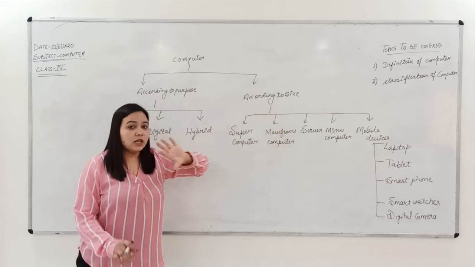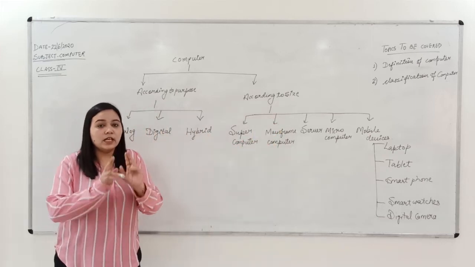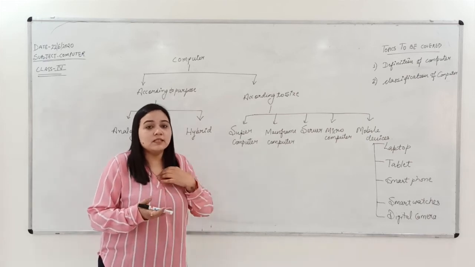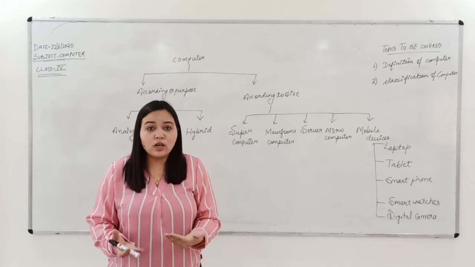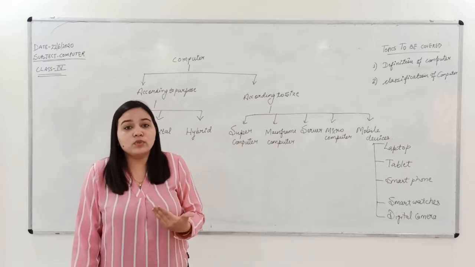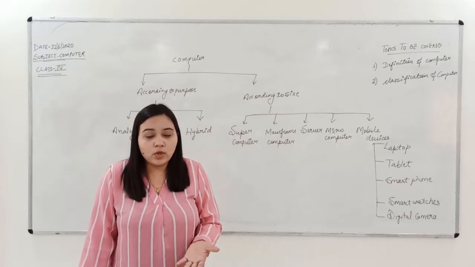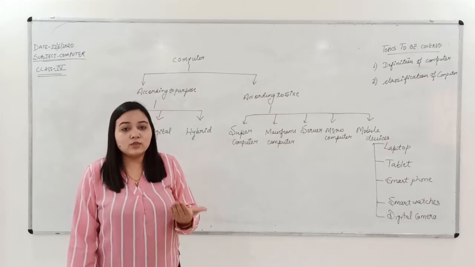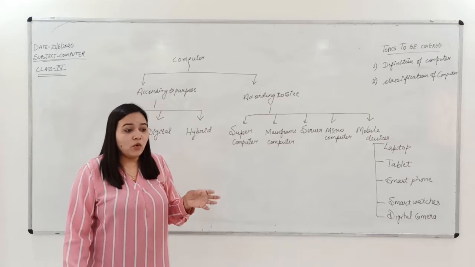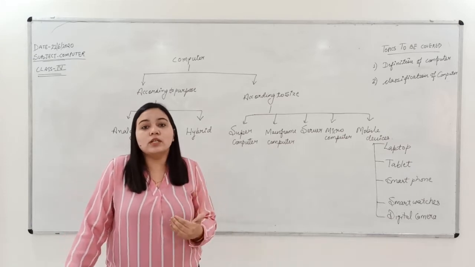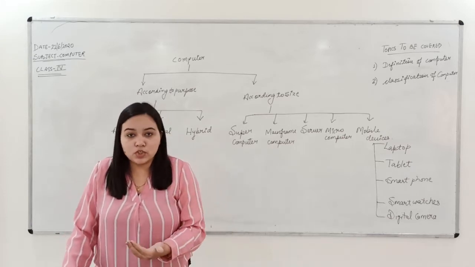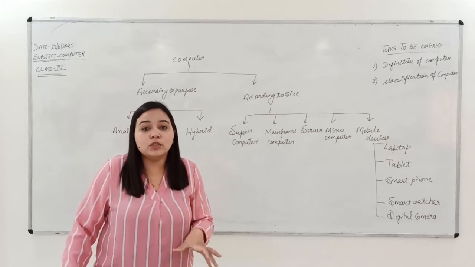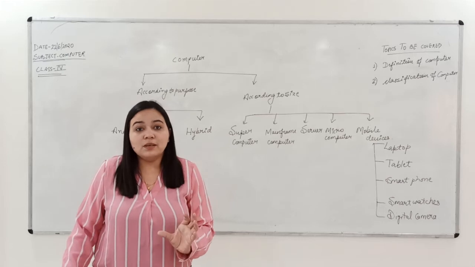Purpose means the wish according to which we want the computer to work. The purpose that the computer is going to fulfill for us, what task we want the computer to accomplish, or what things we need our computer to do for us. So this is the purpose.